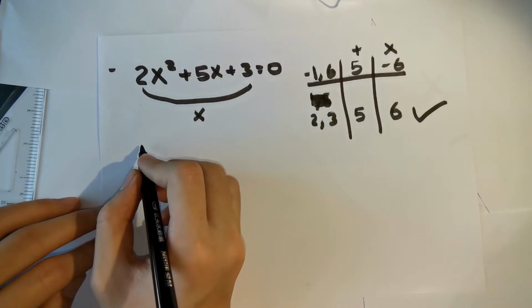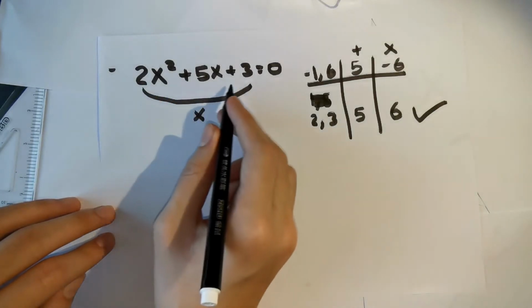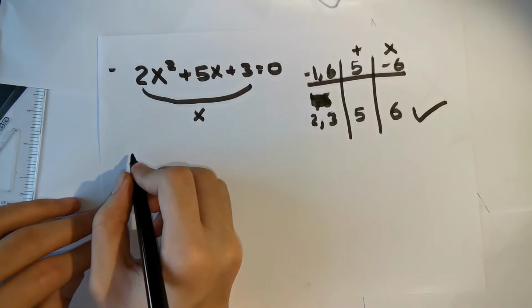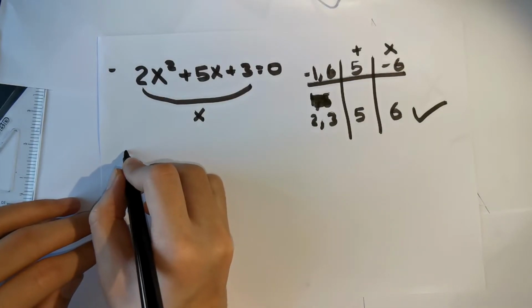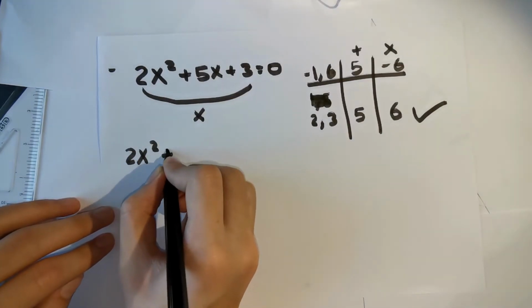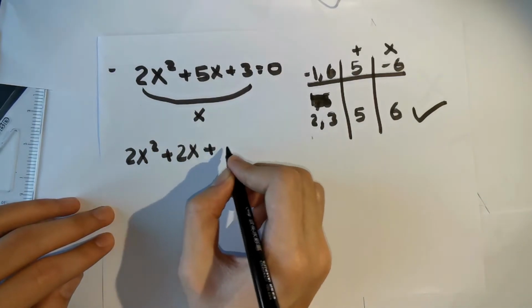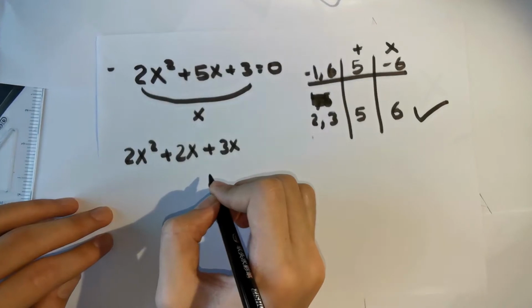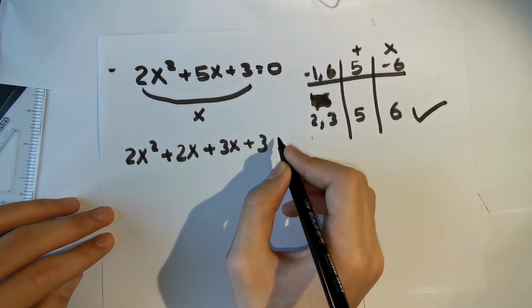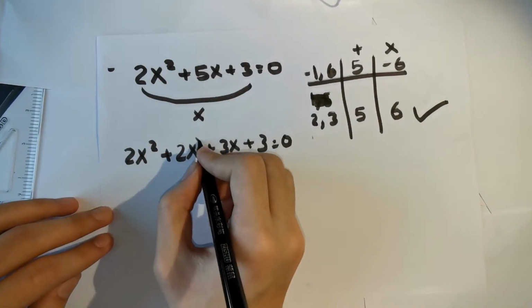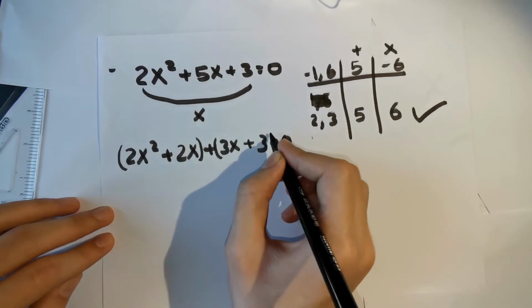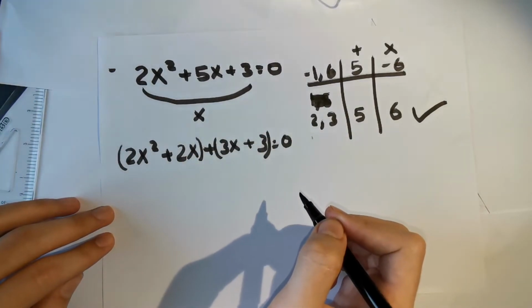Now here we have to split up b. So b is the sum of those two numbers, so we can say that 2x squared plus 2x plus 3x plus 3 equals 0. And we group the 2x squared and 2x, and the 3x and 3, and we factorize.